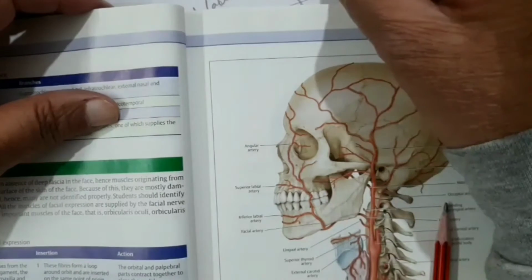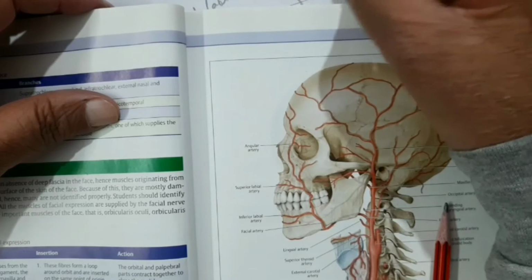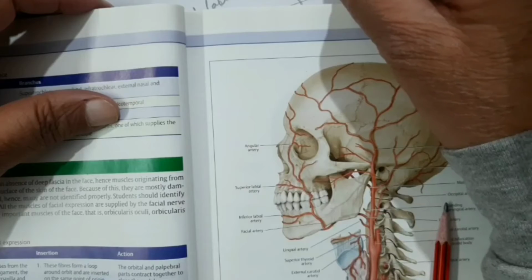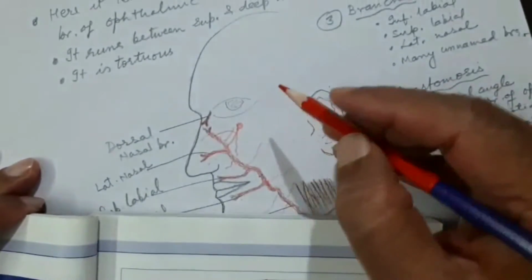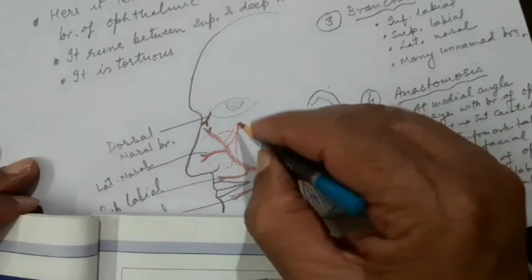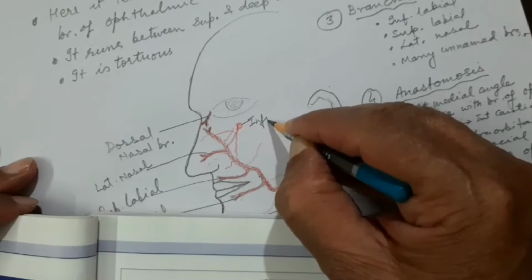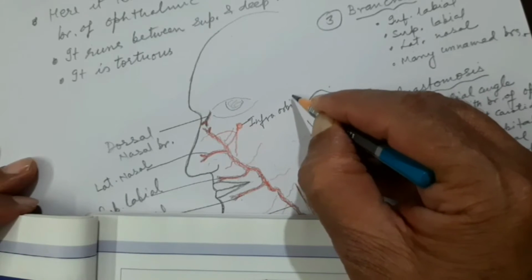I will just draw here. So from the infraorbital artery the branches are coming, so this is an infraorbital artery in this diagram. This I will just label as the infraorbital branch. So this is just below the inferior orbital margin, the infraorbital artery.